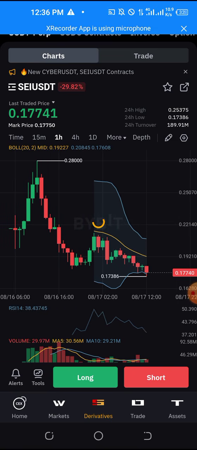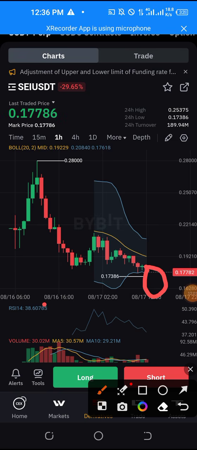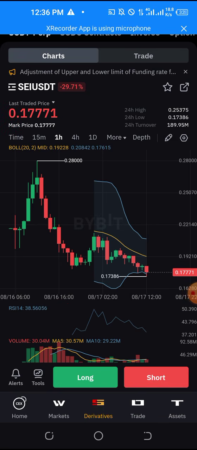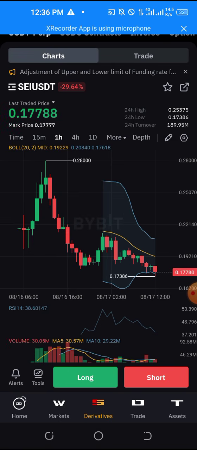So what is the RSI saying? You can see it's touching the lower Bollinger Band, but RSI is 38. I'm kind of skeptical about this because RSI is 38. Let's put it on 1 hour back. RSI is 38.